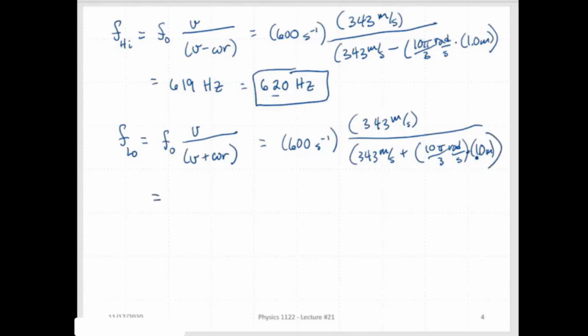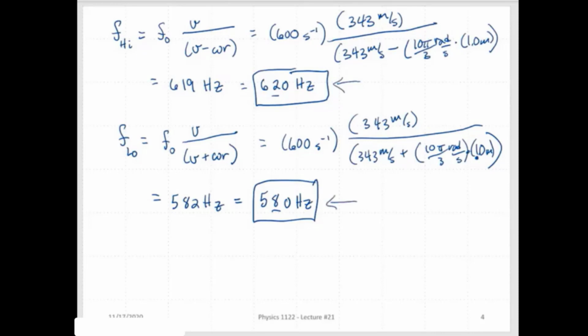And so that calculates to be, to two significant figures, 580 hertz. So the sound box is going to sound like a higher pitch when it's coming towards us and a lower pitch when it's moving away from us.